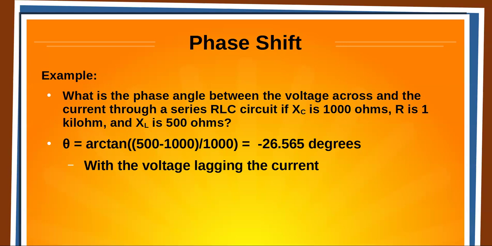The reactance is the difference between the 500 and the minus 1,000. So it would be minus 500 divided by 1,000, or minus 0.5. So the arctangent of minus 0.5 comes out to minus 26.565 degrees. Because it's negative, we know it's capacitive. So we say the voltage is lagging the current.